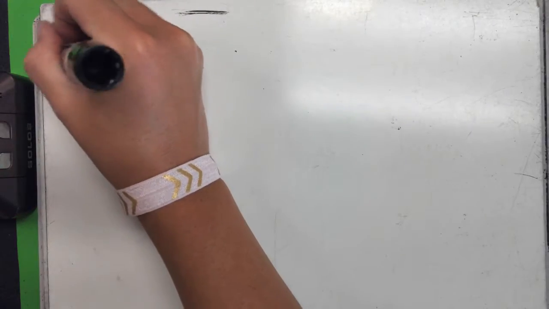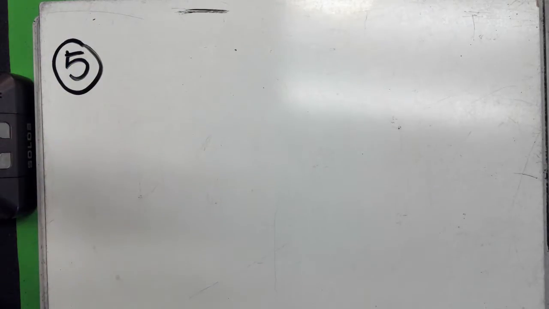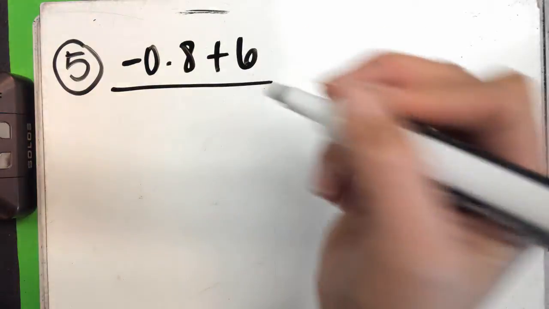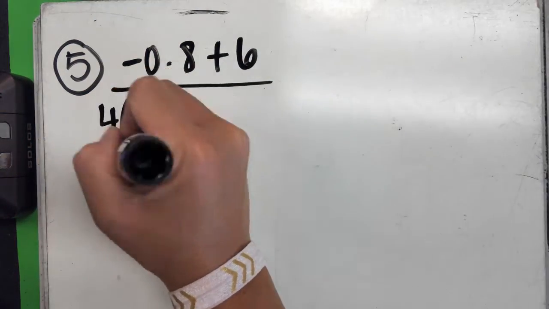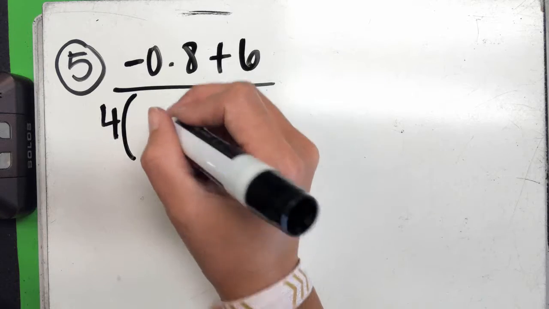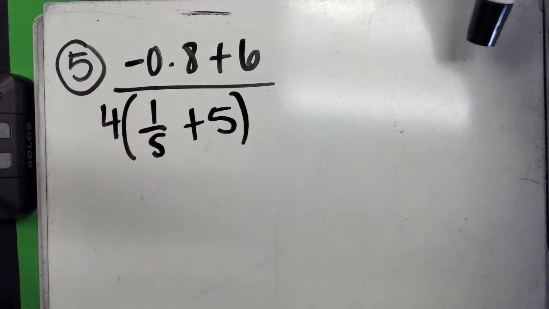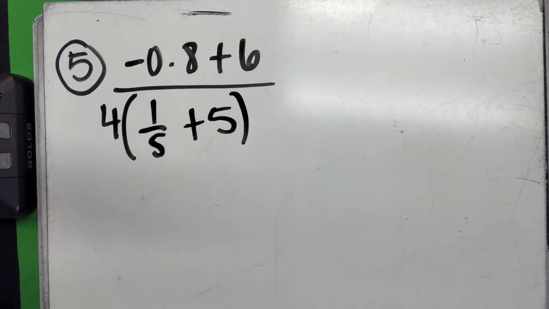Alright, number 5. Same thing. I'm going to go ahead and fill in my numbers for my letters, and then I'm going to call on people to help me out. Elena, where you at? Okay. What should I do first?